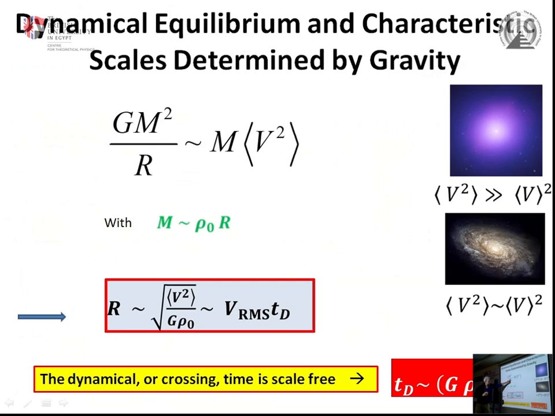Now, in general, this is what you get for a system in dynamic equilibrium, meaning long-lived and able to survive like a galaxy. This side, the kinetic energy, equals this side, the potential energy. The twiddle means approximately. This is important in astronomy and astrophysics.